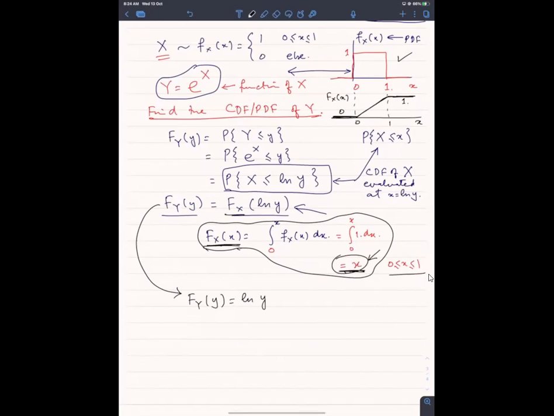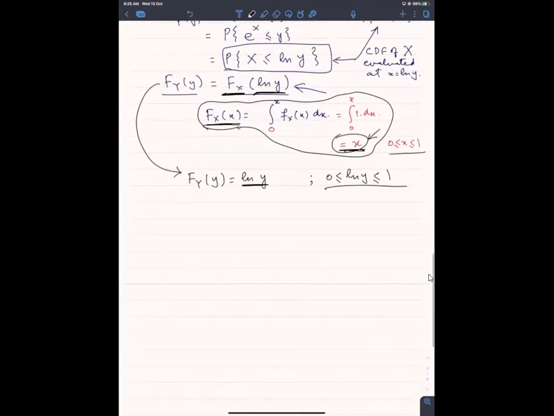So Fx of ln of y क्या होगा? ln of y होगा. But only when 0 is less than ln of y is less than or equal to 1. Only under these conditions. Very important कि ये limits आप दें. Limits नहीं देंगे तो कुछ और आ जाएगा.